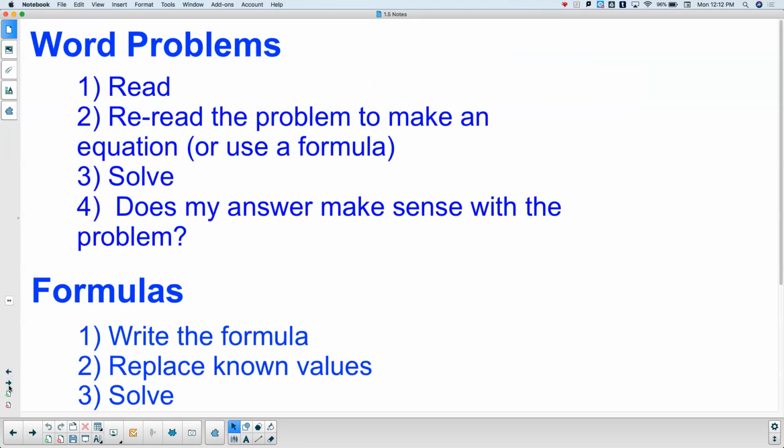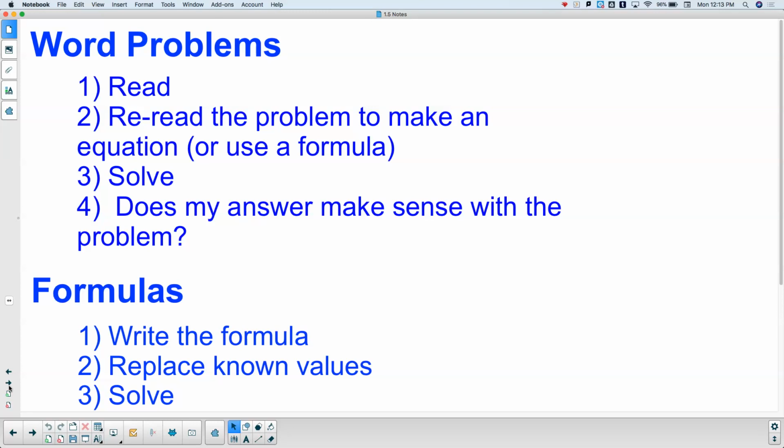All right. Word problems. So today we're going to do a lot of word problems. Some word problems are going to be fairly short. Some might be a little longer. But that's okay. Because no matter what kind of word problem we're doing, the very first thing that we have to do is read that problem.